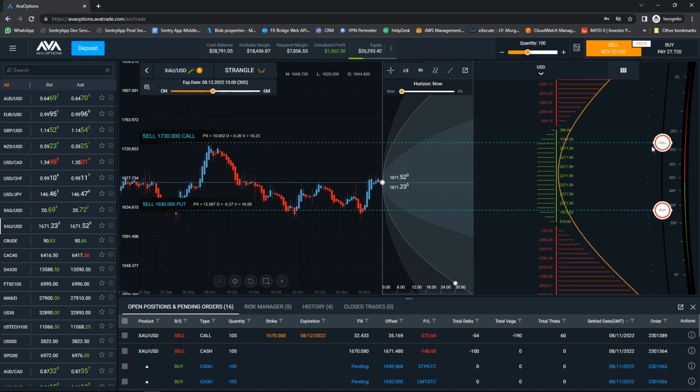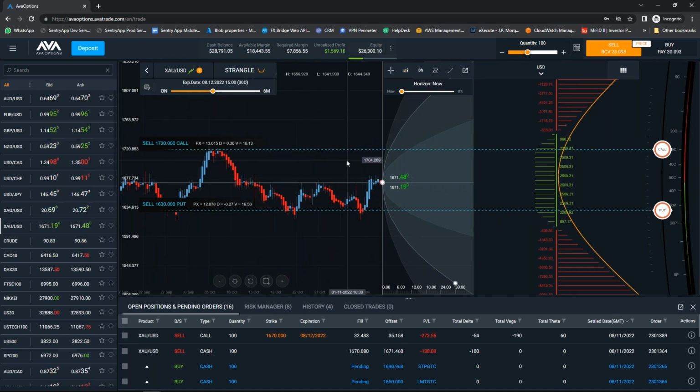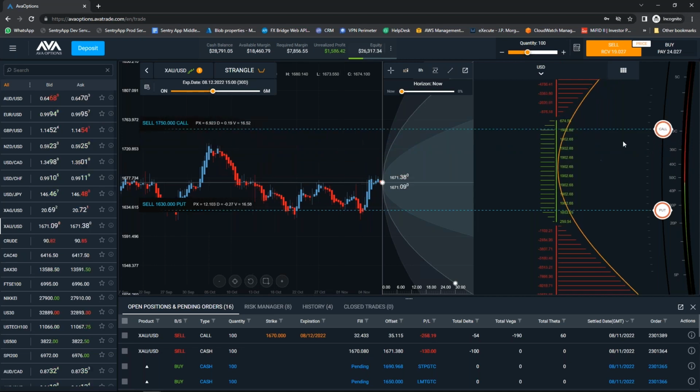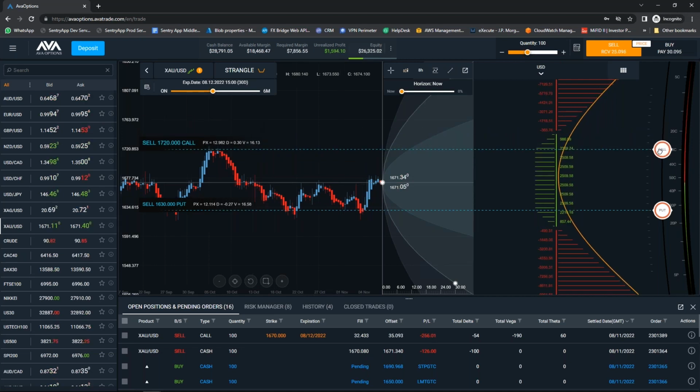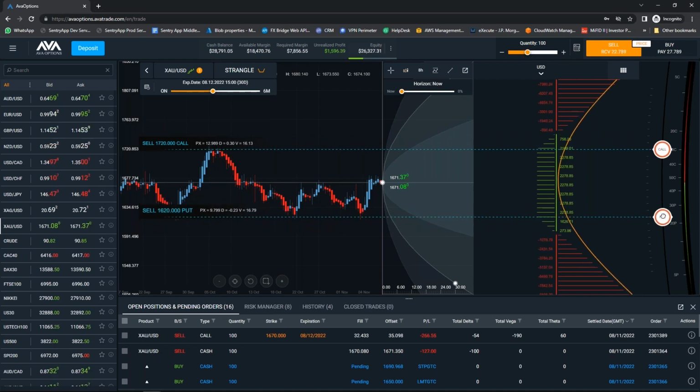So I can look at the historical chart. We've got 1 month of history, and I might say, well, the market didn't get much above 1720, so I'm going to put my call strike at 1720, and I'm going to put my put strike down at this support level, around 1620. So I'm selling a 1620, 1720, 1 month strangle.